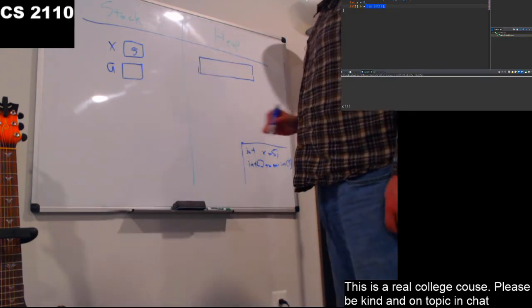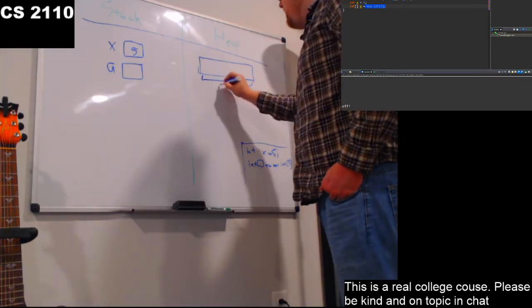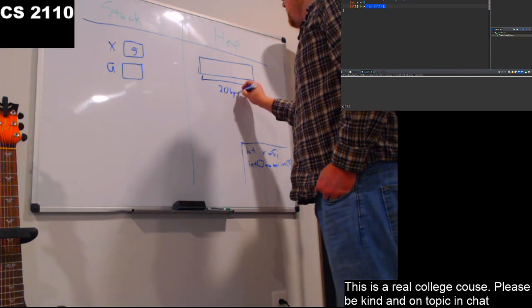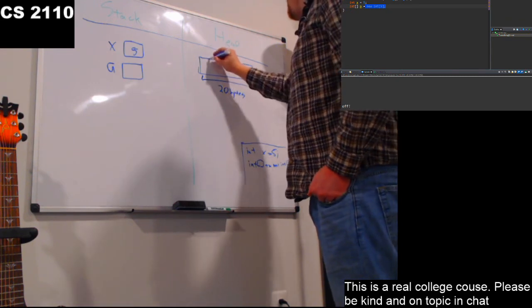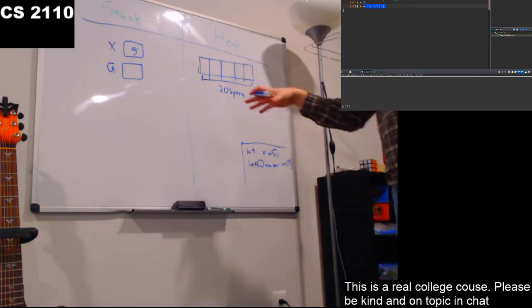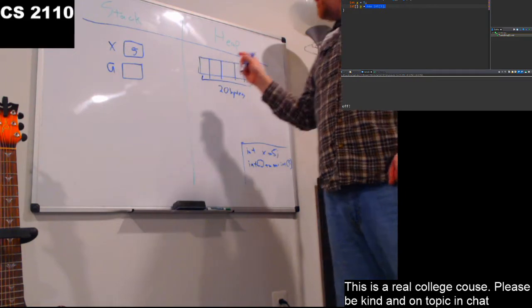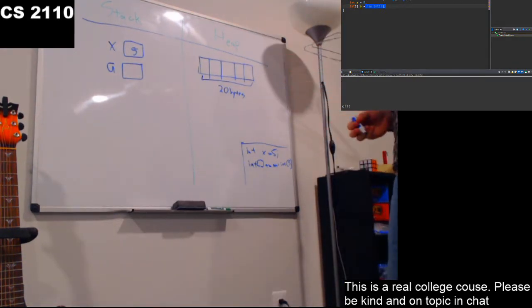Now, as we talked about before, an integer is 4 bytes. So this array takes up 20 bytes. And there are 5 cells in this array, each of which can hold a different integer. So you can think of this A as not being one variable, but as being 5 variables.